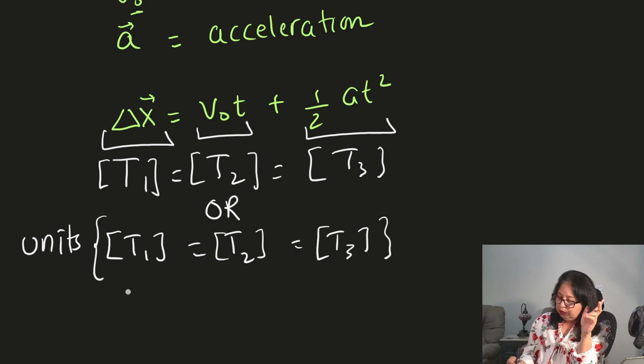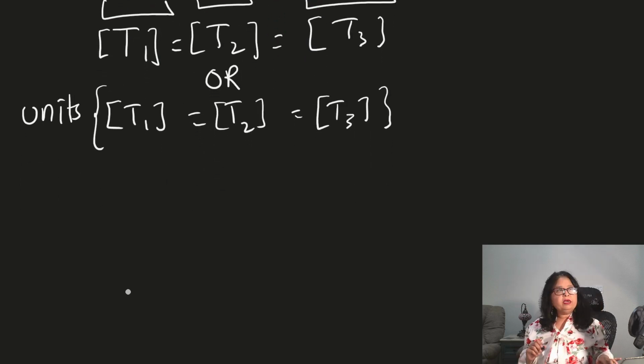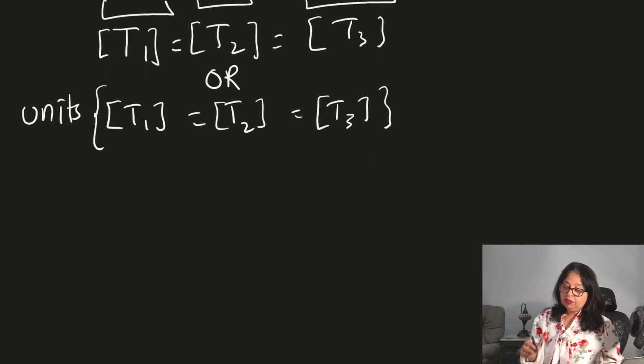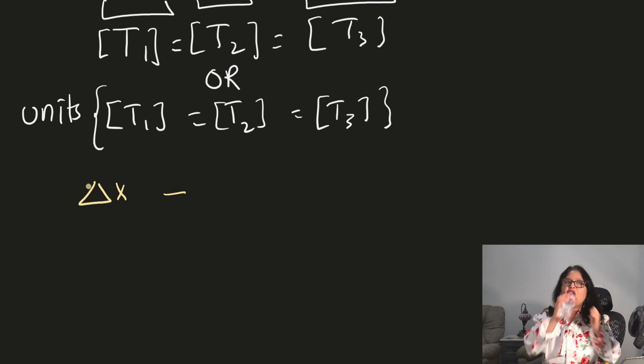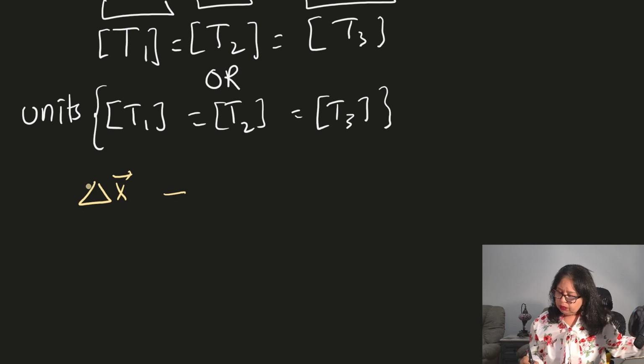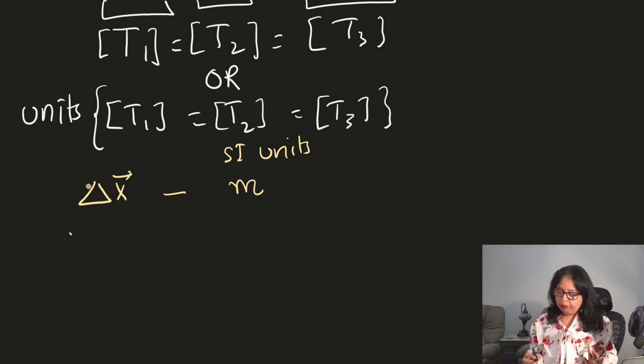So how about we check out the units first? Because that's really easy. Delta x, SI units: meters, lowercase m. V naught t: v naught is velocity, meters per second, times t, seconds.